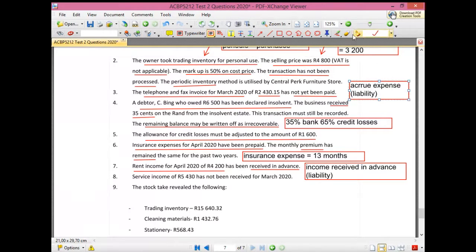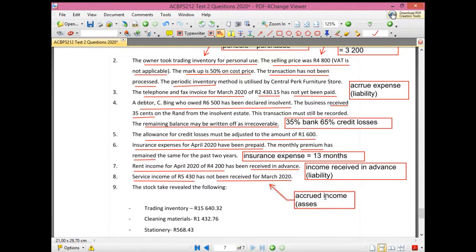Then if we look at number 8, we say service income of 5,430 has not been received for March 2020. So that means it's income. I've already delivered the service, and the income is supposed to have been received. So similar to accrued expense, we have accrued income.